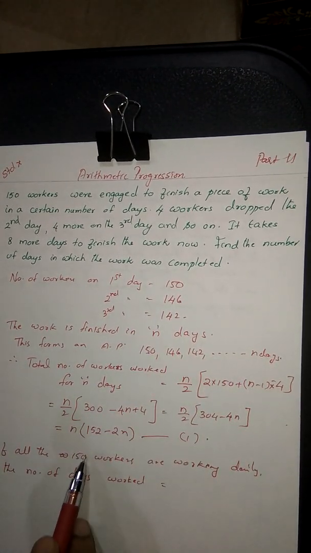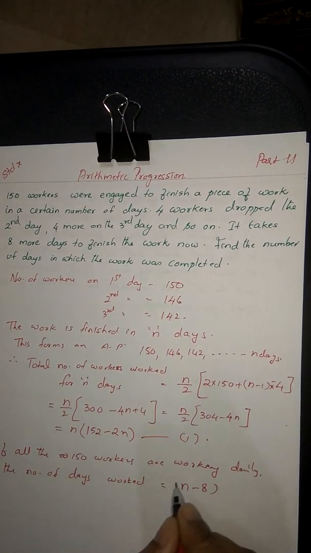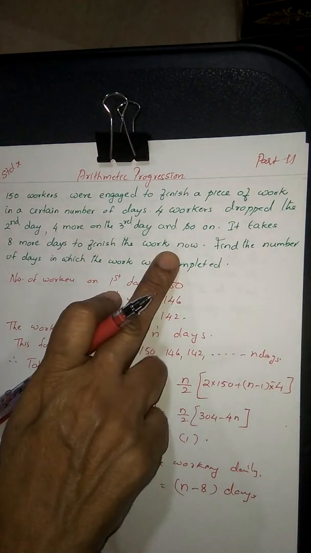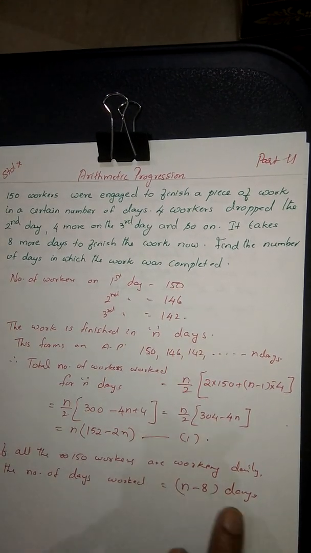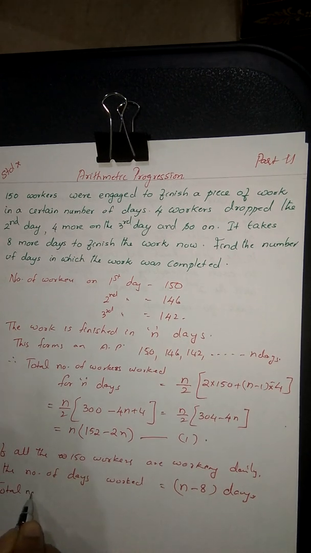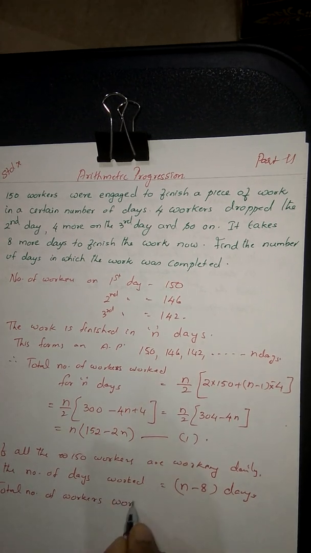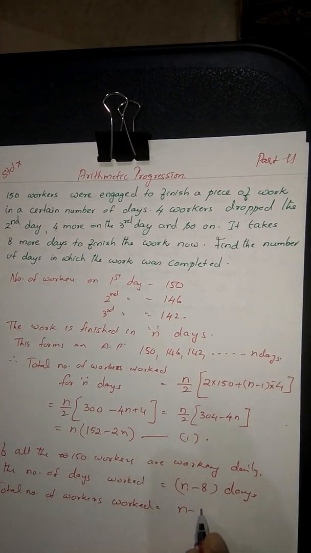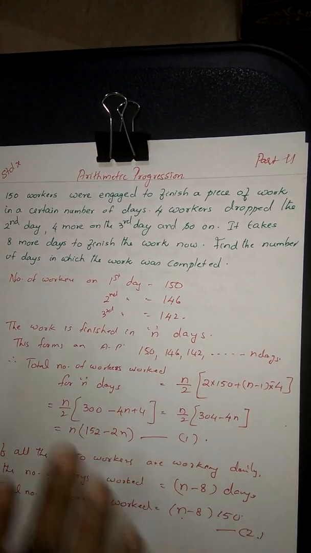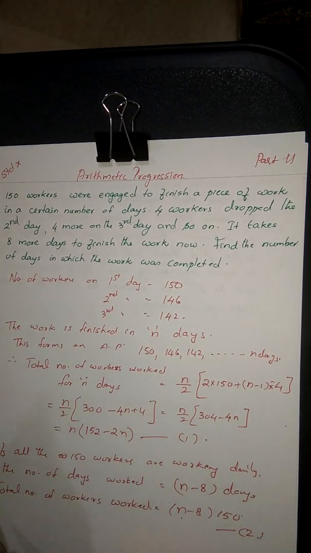Now when all the 150 workers are working regularly, it will be n minus 8 days, because here they took 8 more days to finish the work. So here it will be 8 days less. So now again the total number of workers who worked will be n minus 8 into 150. Here also the work is getting completed, so you can equate these two.